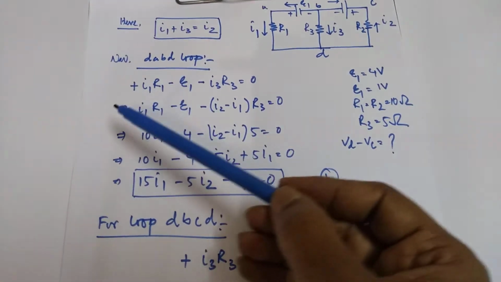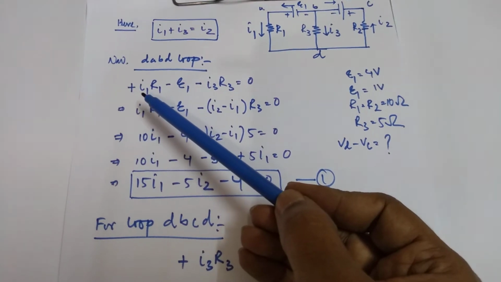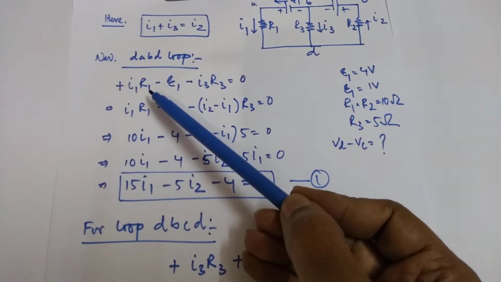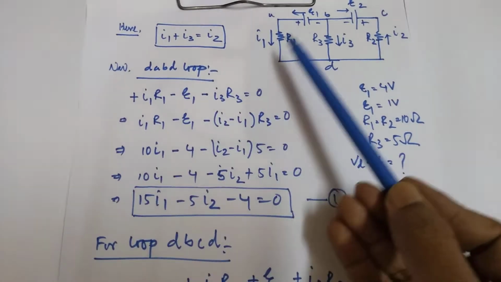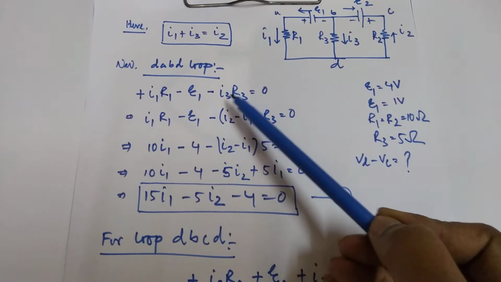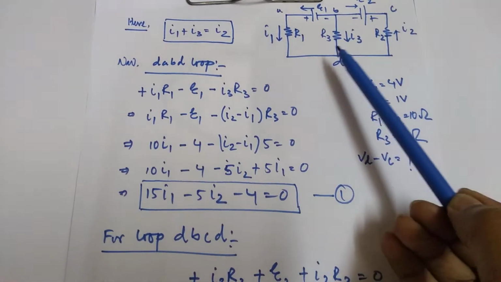That's what I write here: I1 R1 minus E1, which is the voltage drop along that path, and also minus I3 R3, the voltage drop across this one.